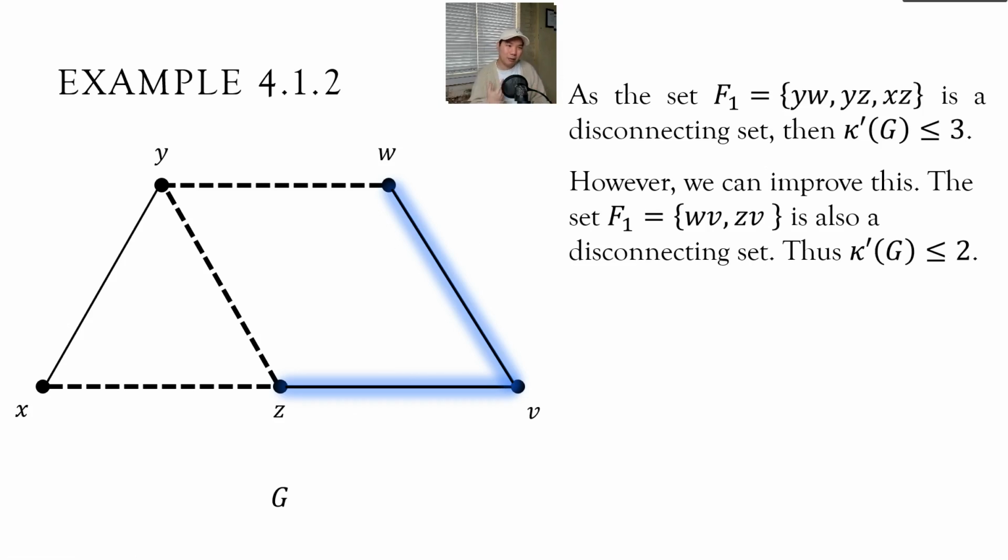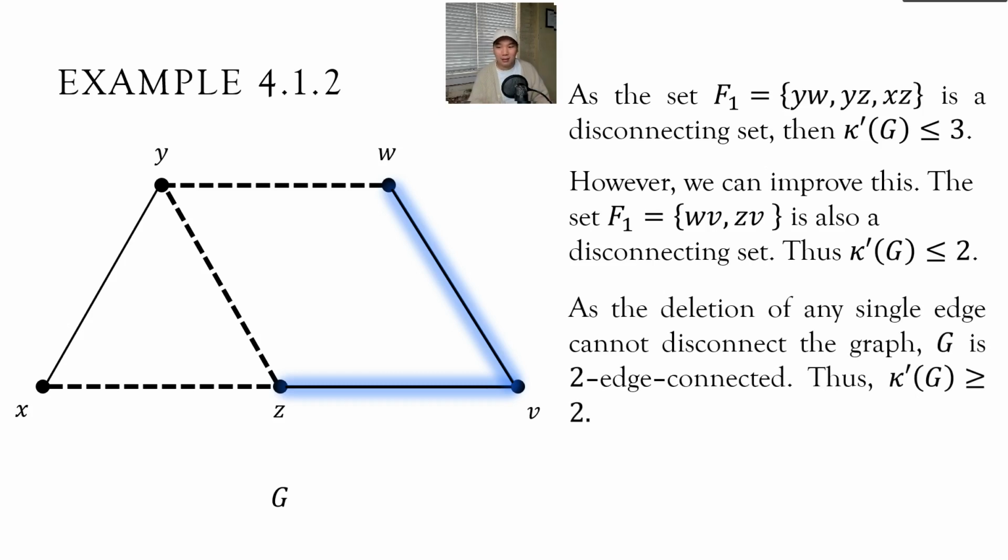If I want to prove a lower bound, if I want to prove that kappa prime is at least 2, this is equivalent to me saying if I delete any single edge, it does not disconnect my graph. Well, we can verify that very quickly. If I look at any single edge in this graph and delete it, it's not going to create a disconnected graph.